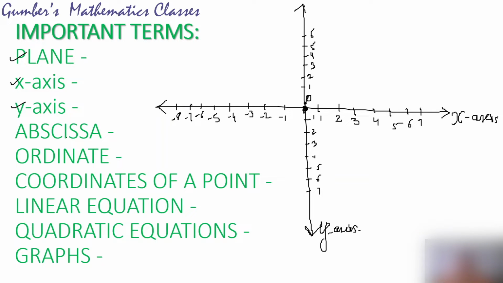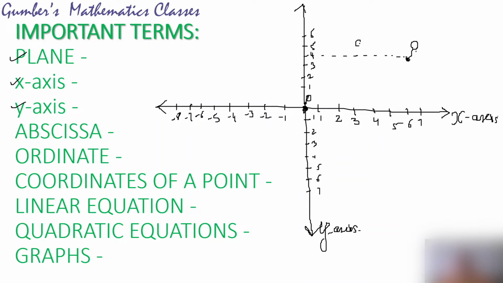Now abscissa. Let us consider any point on the plane. Let us consider point P. It is having some distance. How can we locate this point? This is having some distance from the x-axis and some distance from the y-axis. This is the y-axis. How much distance does the point have from the y-axis?